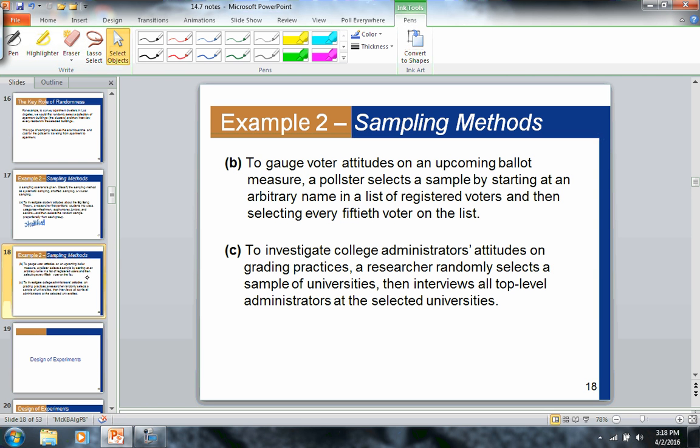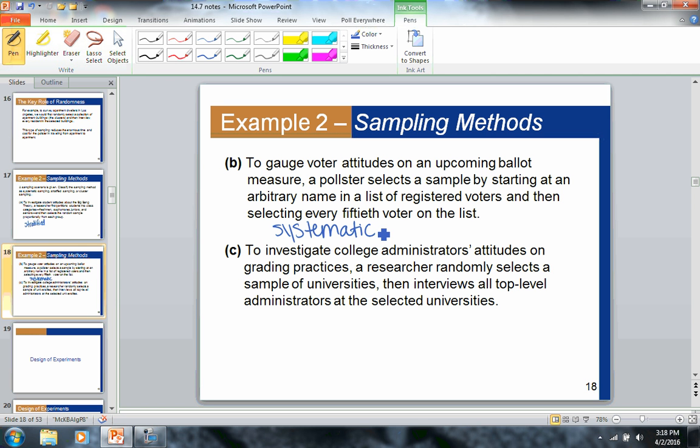For Part B, to gauge voter attitudes on an upcoming ballot measure, a pollster selects a sample by starting at an arbitrary name in a list of registered voters and then selecting every 50th voter on the list. So this is going to be systematic. So systematic, you're going to have some sort of rule that helps you select the people.